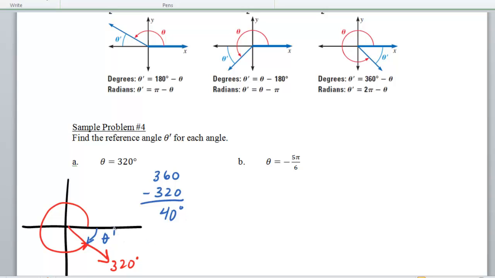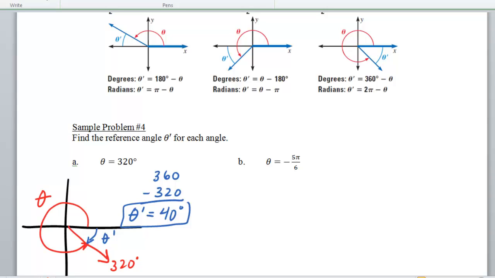So we call our reference angles, the original angle is considered theta, so our reference angle will be theta prime. So you'll see it written like this: theta prime equals 40 degrees. And so that's our reference angle for that particular problem.